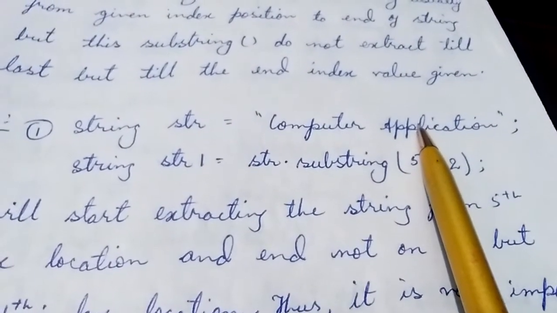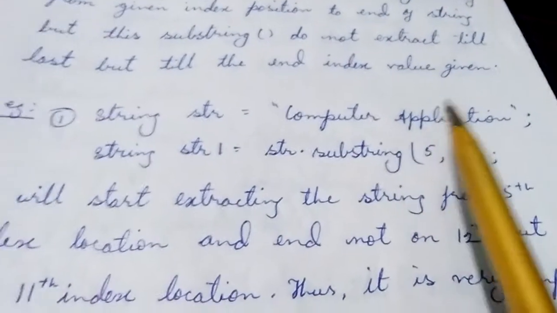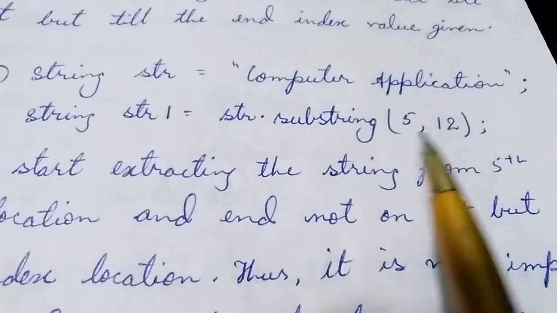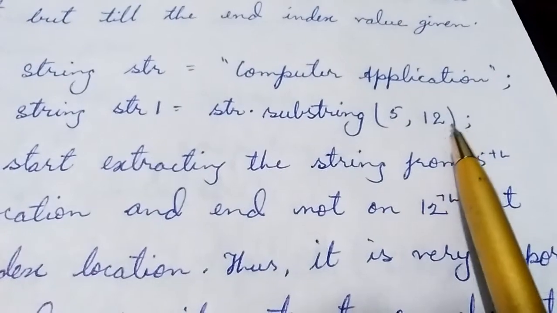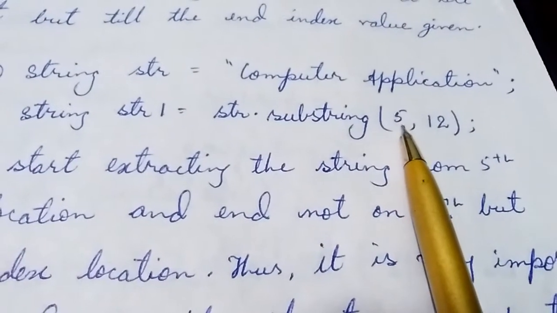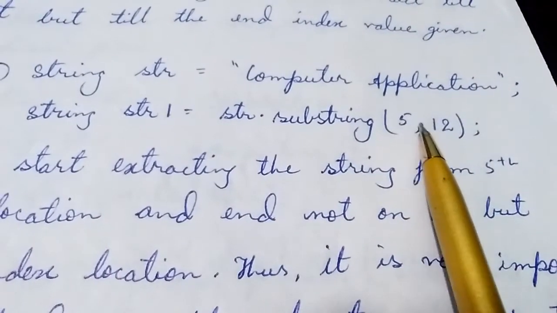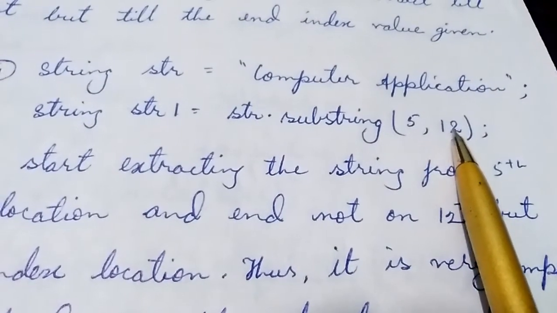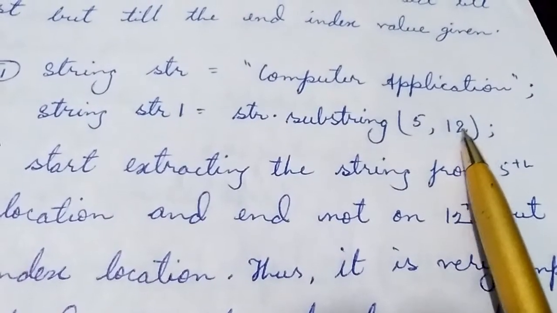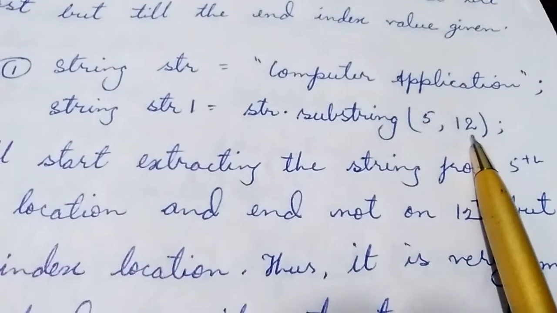It will extract till 11 only. This is very important to understand. Substring(5, 12) means it will start extracting from 5 and end at the 11th index location, one less than the given last index value.